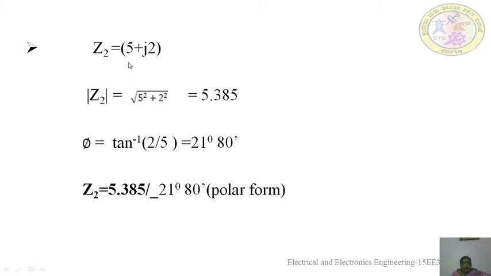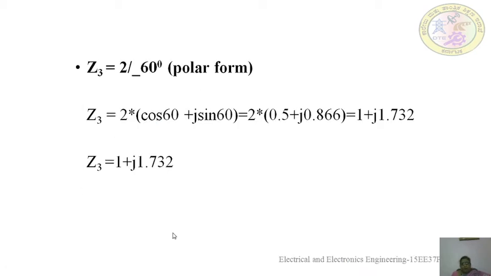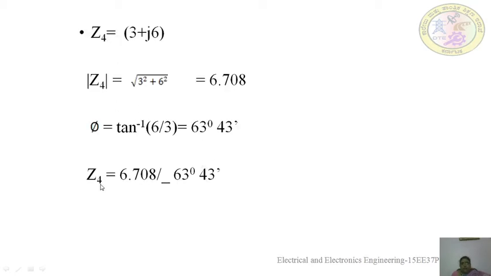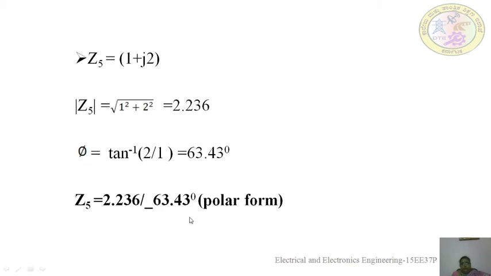Similarly, we calculate the value of Z2 in the polar form. Z3 is already given in the polar form; simply we have made an attempt to calculate it in the rectangular form. Z4 is also calculated in the polar form, and Z5 similarly we have converted into the polar form.